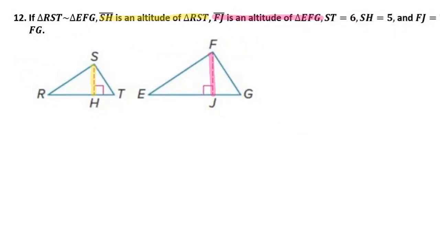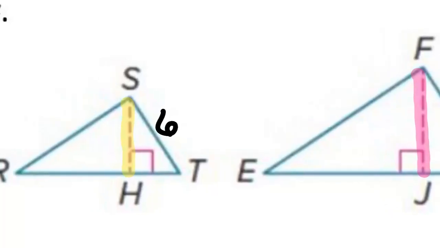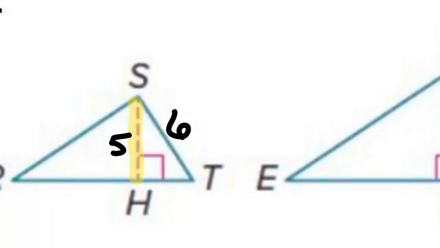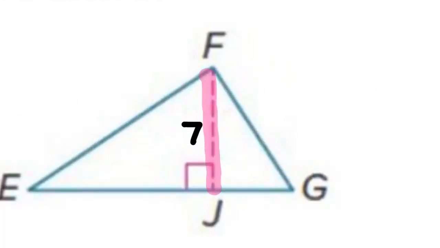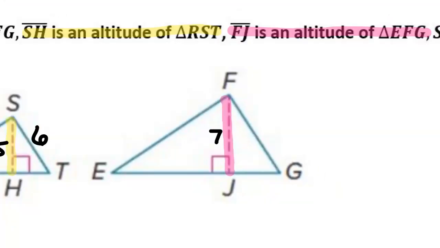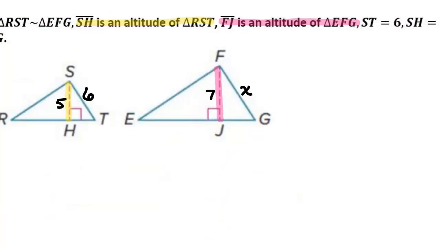ST is 6. SH is 5. FJ is 7. We want to find FG. Since I don't know how big FG is, I'm going to call that X.